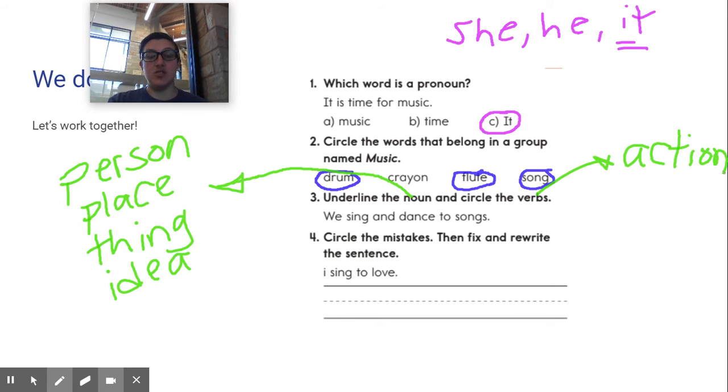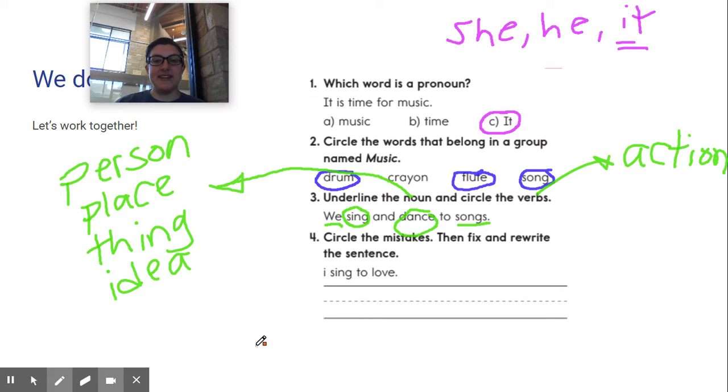So it's something you can do. Okay, so my noun, actually we have two nouns. So we have we and songs, and then the verbs are sing and dance.